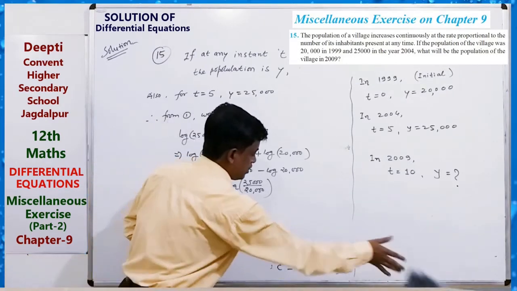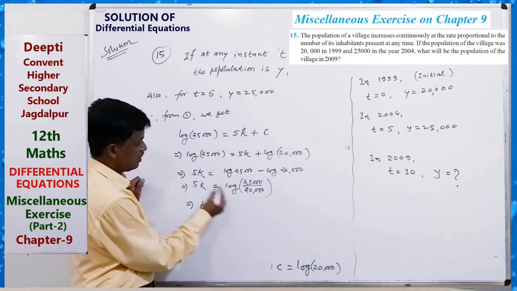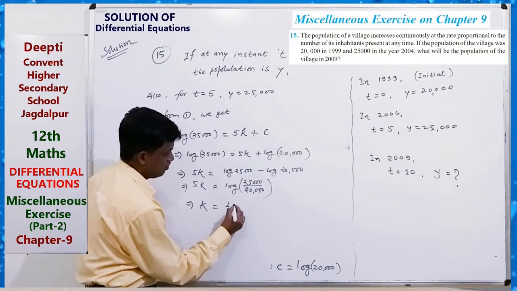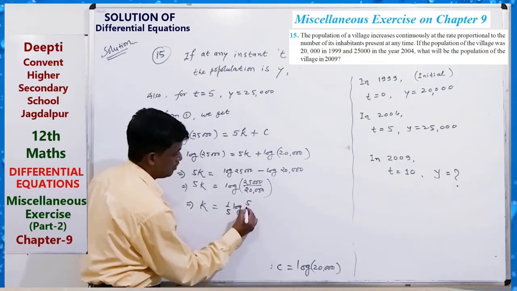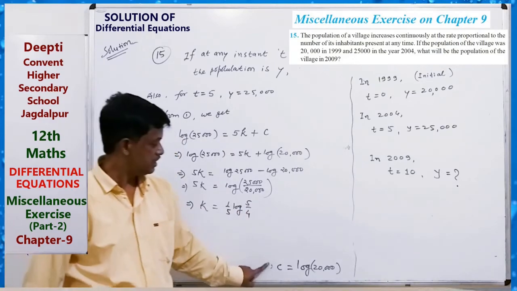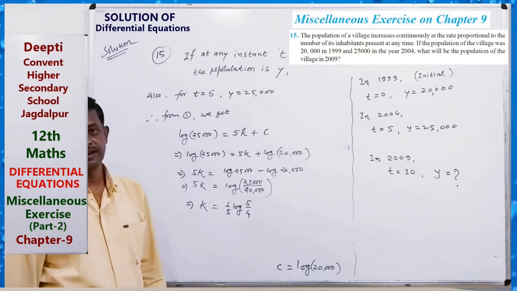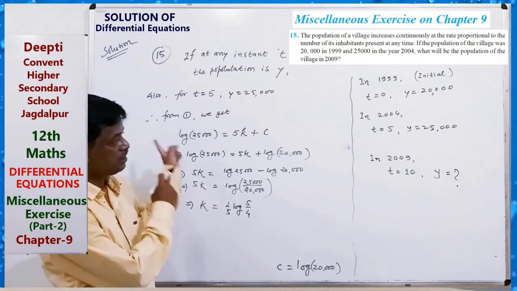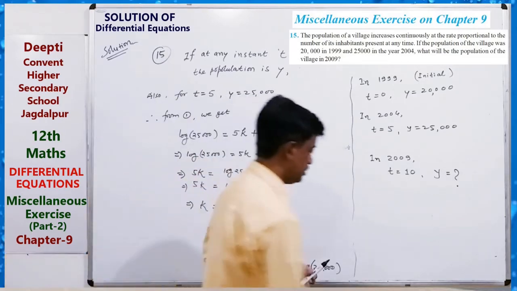So here k equals 1 by 5 log 5 by 4. This is the value of k. So constant c and constant k. Now put these values in the general solution.